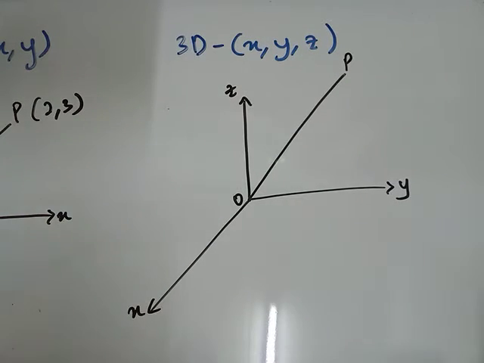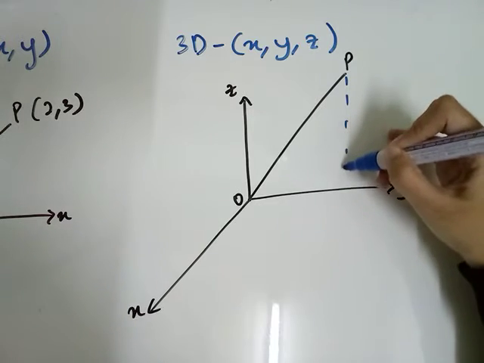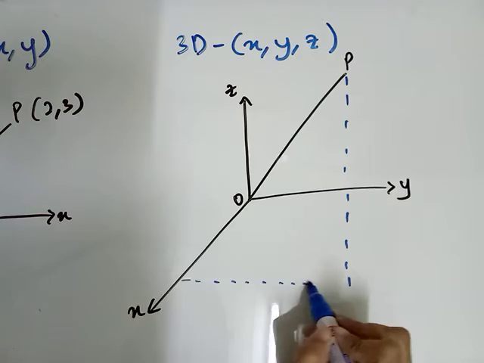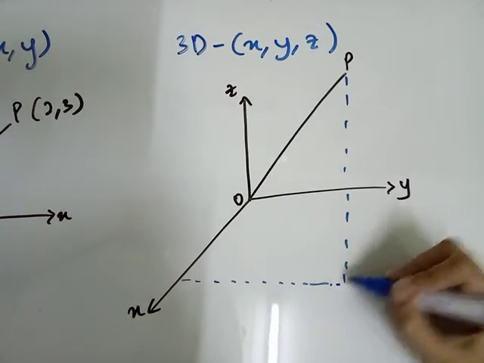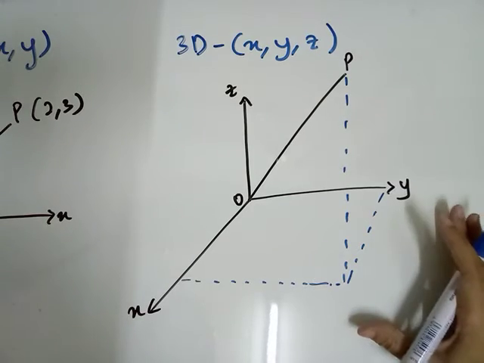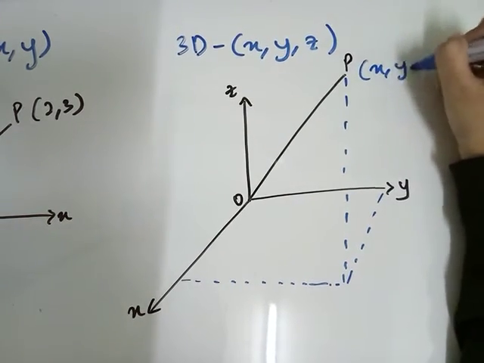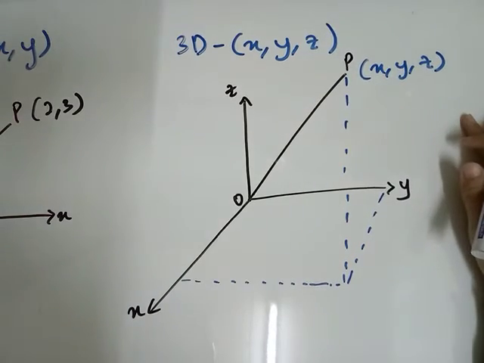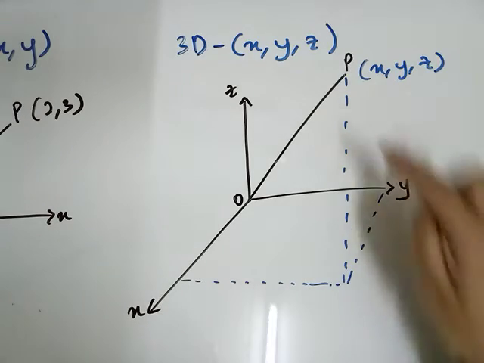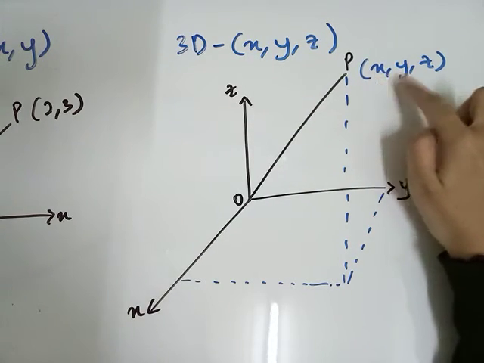For 3 dimension, the vector OP will be like this. This is 3 dimension for vector OP. Okay, and then let's say this is the point x, y, z. So in 3 dimension, we have to know the position vector of point P, for values x, y, and z.